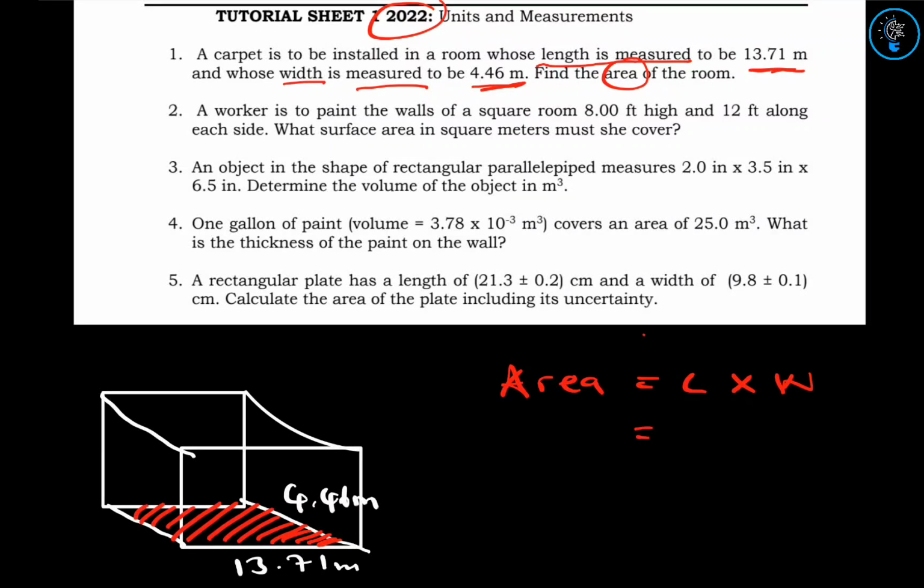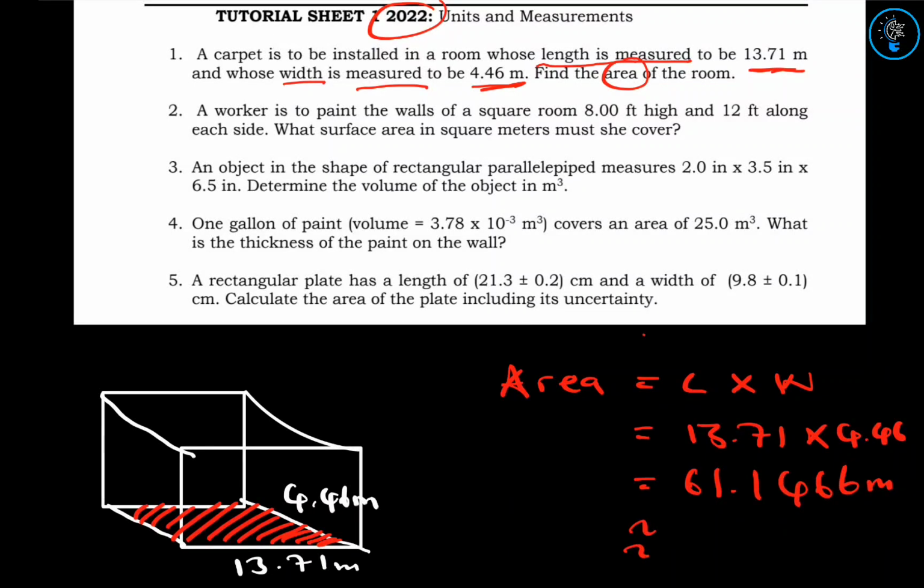So we are going to multiply our length, 13.71, multiplied by 4.46, which will be equal to 61.1466 meters.